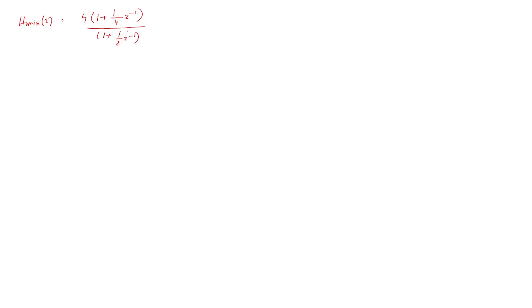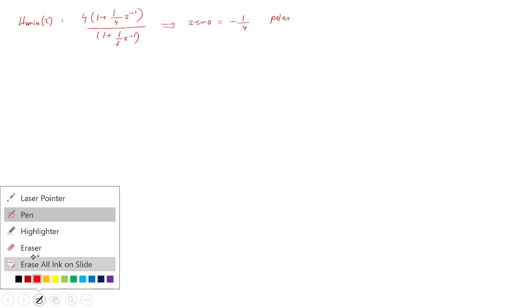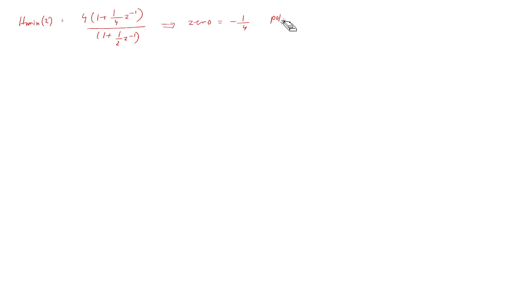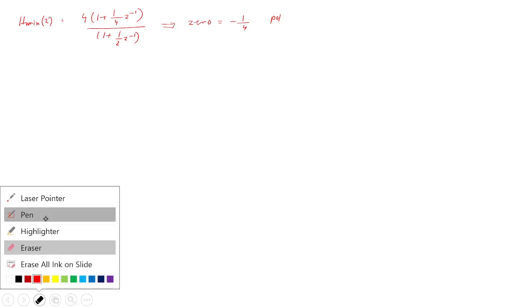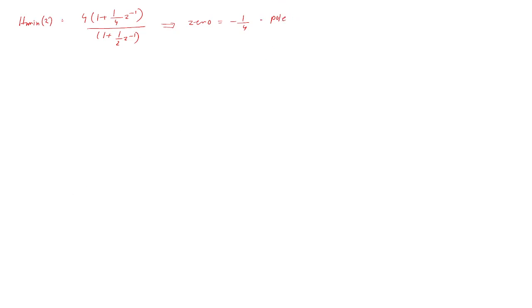You can see from this expression immediately that for this transfer function, the zero is at minus 1 by 4. That is actually a first order filter, so there should be one pole only. So the pole is at minus 1 by 2. So you can see the zero is at minus 1 by 4 and the pole is at minus 1 by 2.